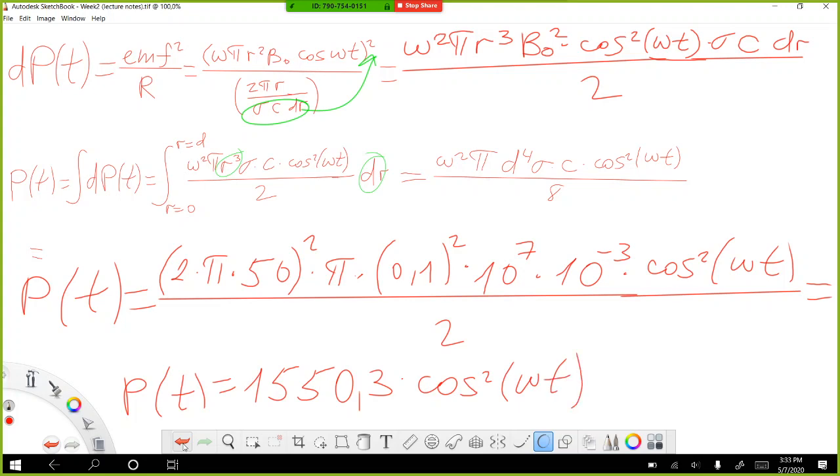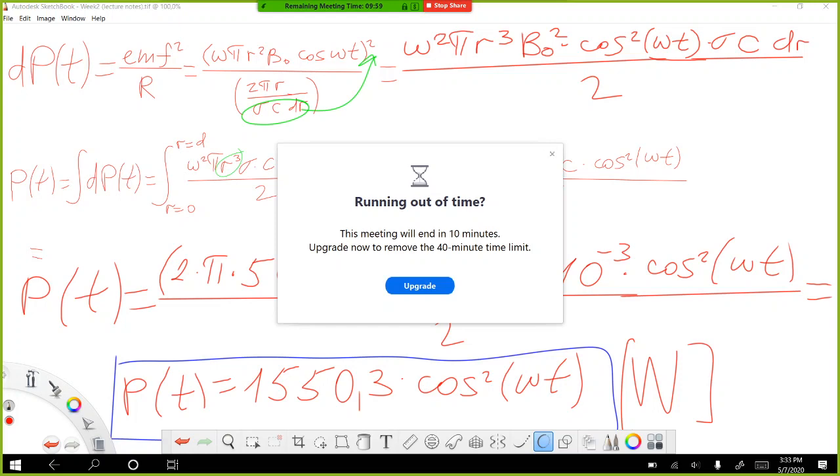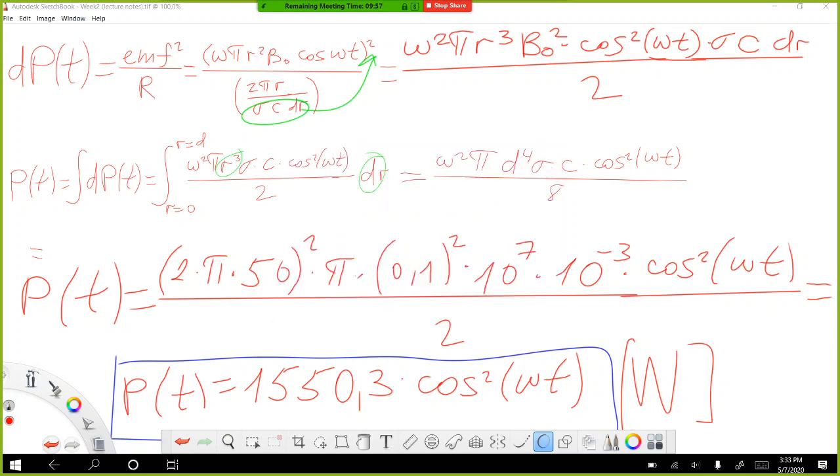Okay, the power dissipated in the disk is equal to this value, 1.5 kilowatts multiplied by cosine squared omega t.